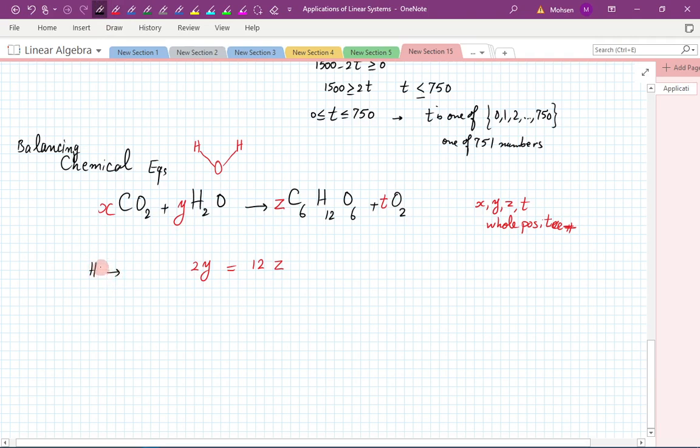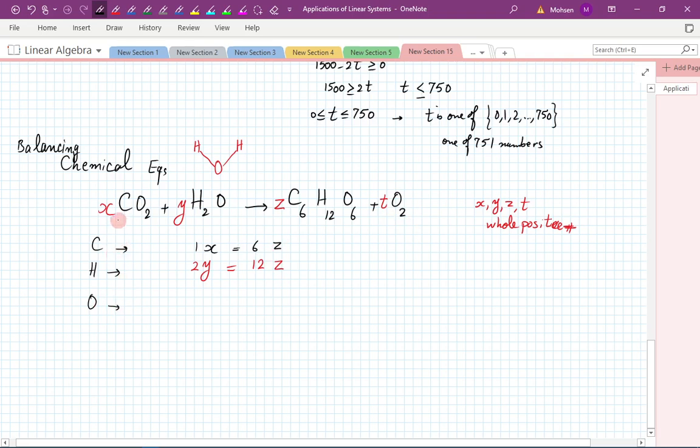And then how about balancing the carbon? What do I write here? On the left, how many carbons do I have? Of course, I have just one X. On the right, I have 6Z. So they don't show up anywhere else. Well, only oxygen is showing all over the place.